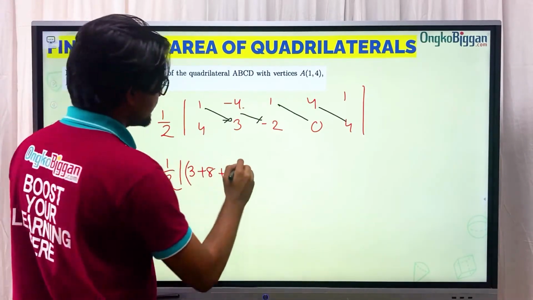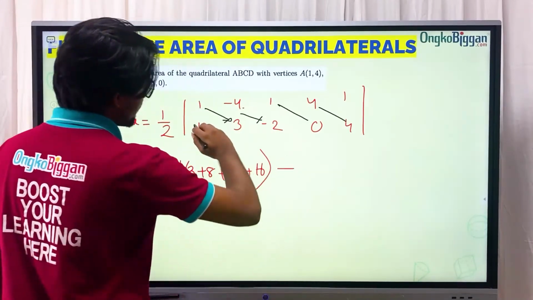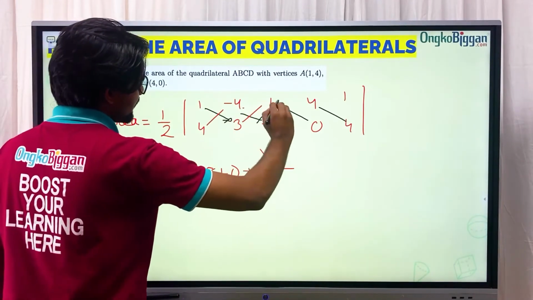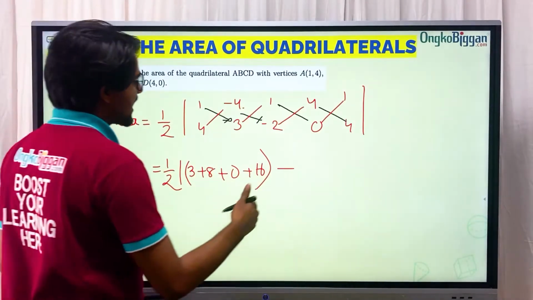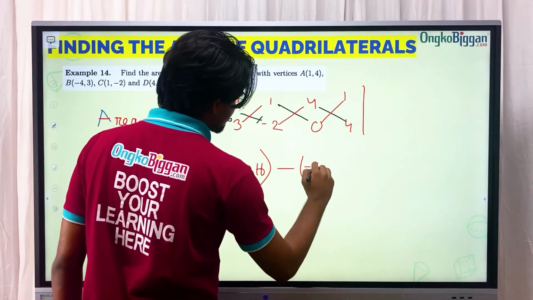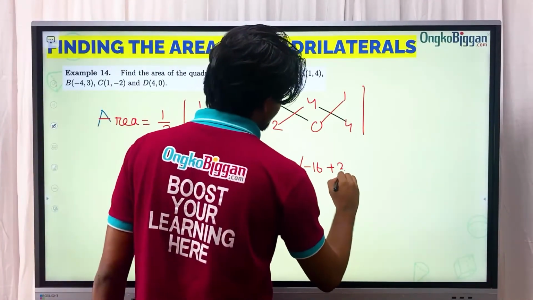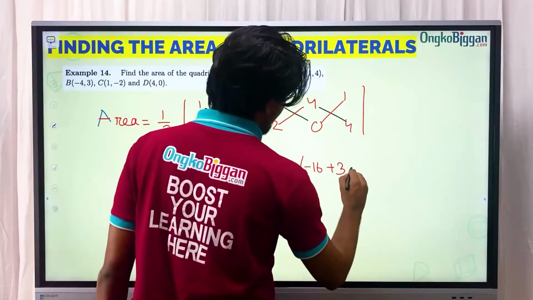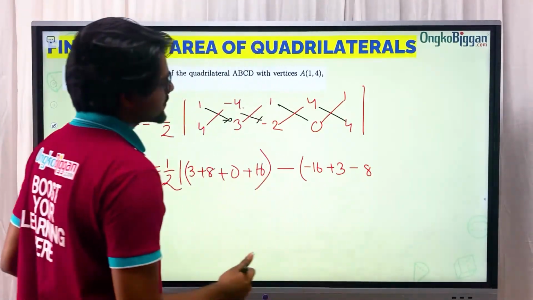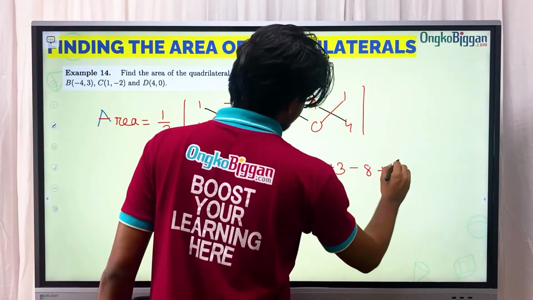And 4 into 4 will be plus 16. Then minus, now in this direction. So 4 into -4 is -16. 3 into 1 is plus 3. -2 into 4 is -8. And 0 into 1 is 0.